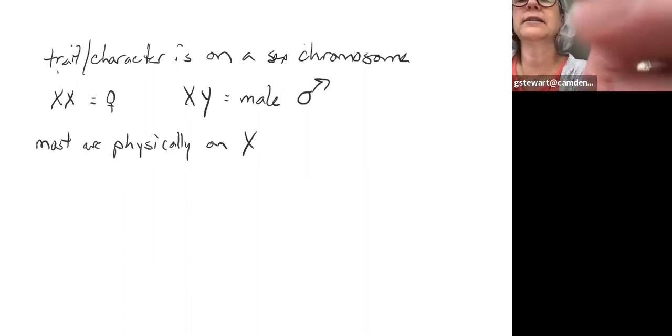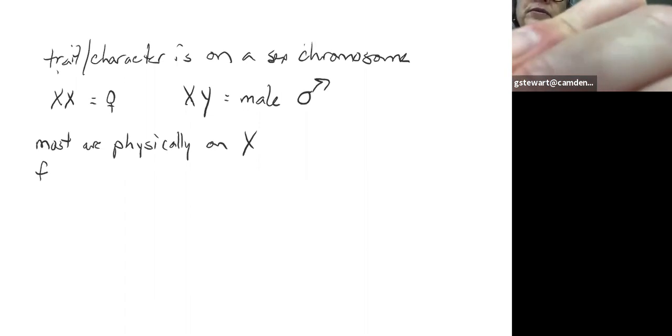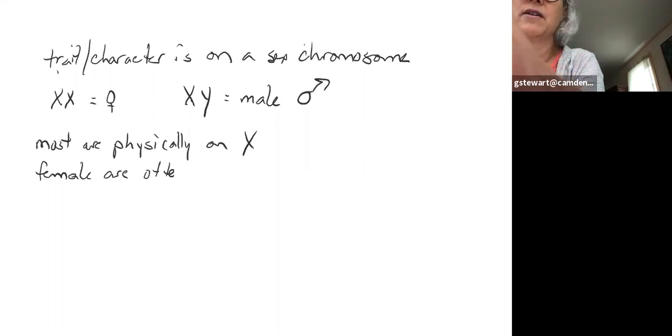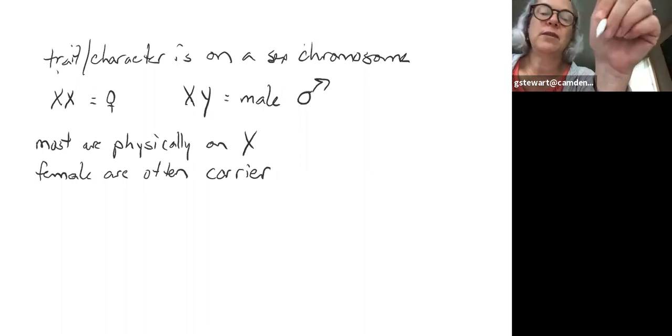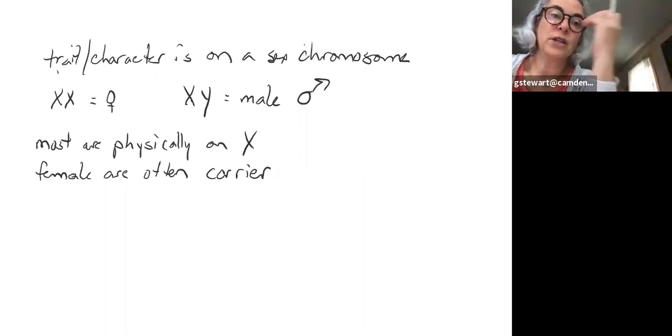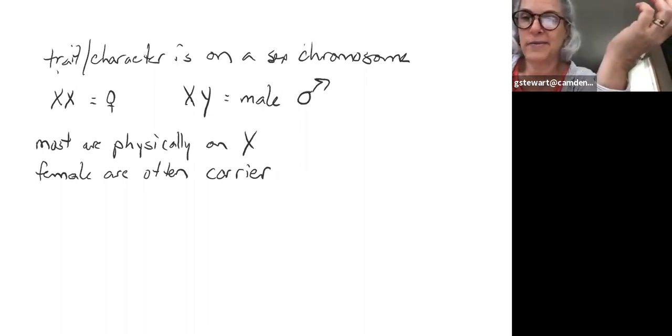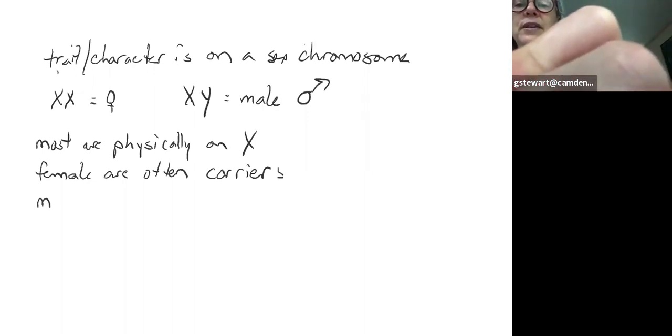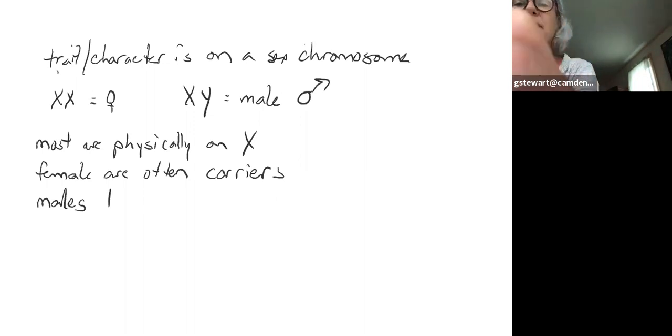Well, what that means is that females are often what we refer to as a carrier, meaning they carry a copy of the sex-linked trait, but they have one normal copy of the gene, so it's hidden, right? Females are often carriers. Males, we see a higher proportion of males expressing the characteristic.